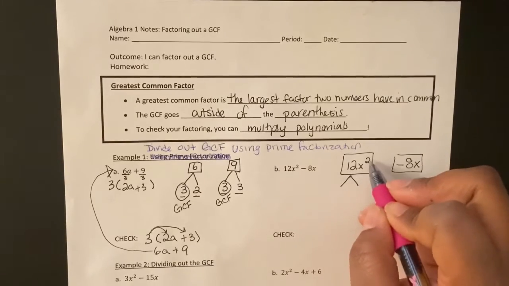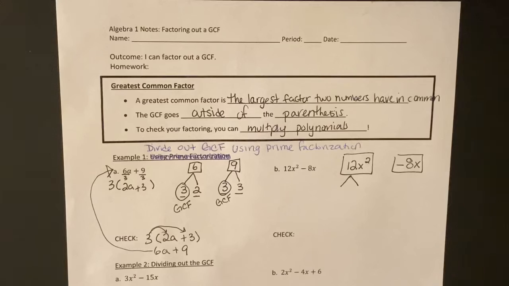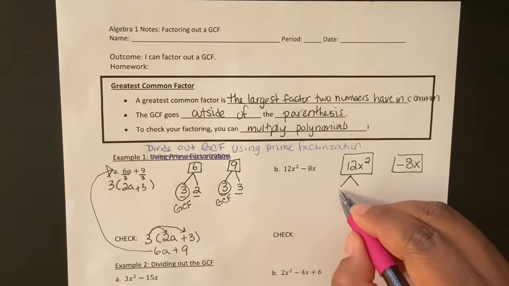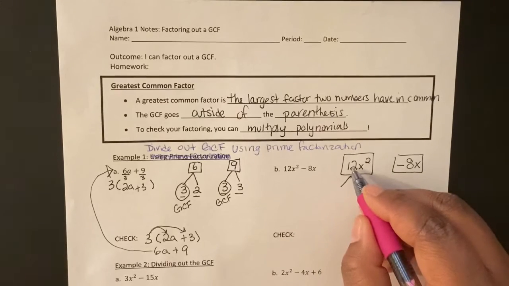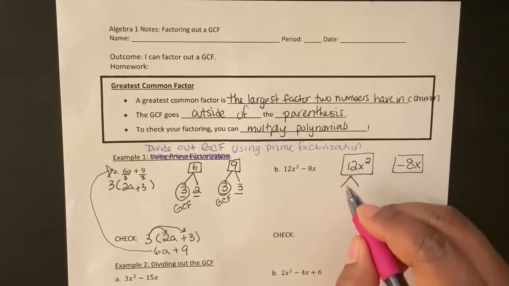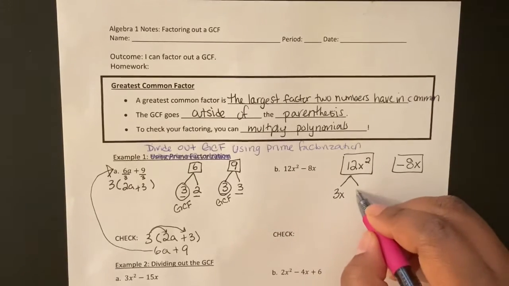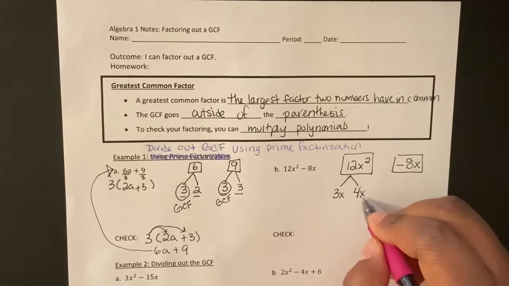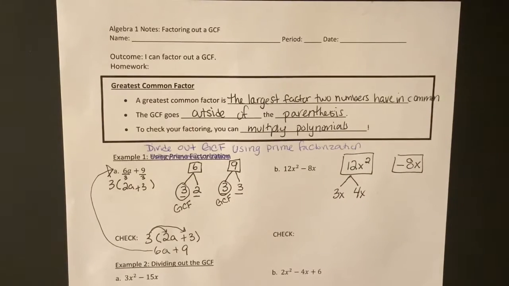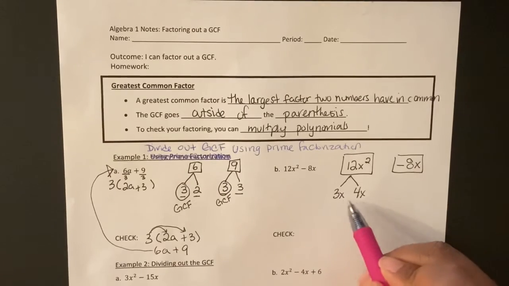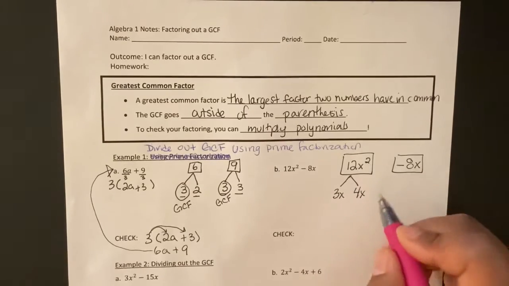So here, for 12x squared, I can have my largest prime factor, which would be 3x, multiplied by 4x, because 3x times 4x is 12x squared.